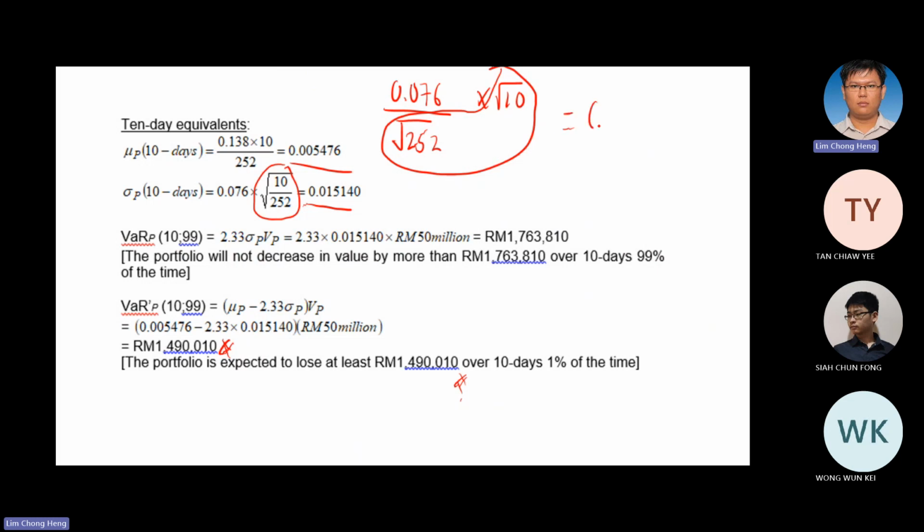So become 0.076 multiplied with the square root of 10 divided by 252. Okay? That's why like this. Okay, simple. Any question on here?